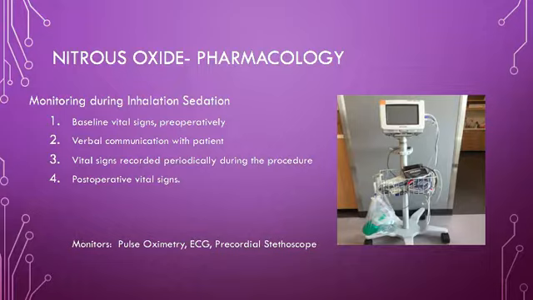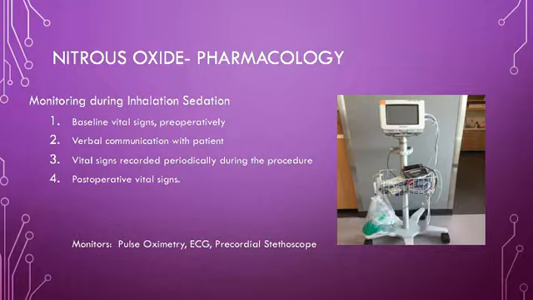Now, one of the most important things that we'll talk about is that it's so important to have monitoring systems in place to monitor patients while you're using the nitrous oxide. This is going to be important when we talk about documentation of your use of nitrous oxide. It's going to be really important that you get a baseline set of vital signs before you use the nitrous oxide.